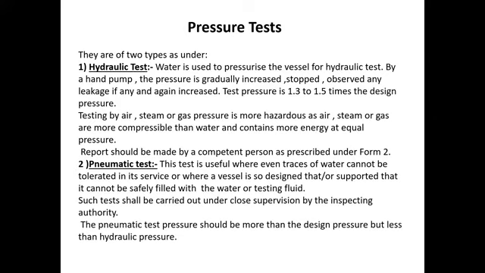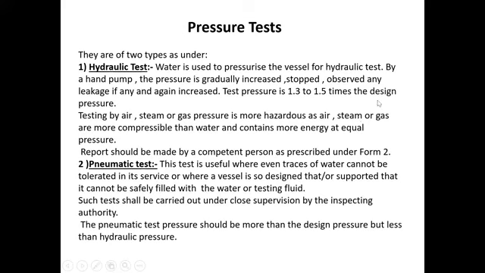In the pressure test, the two main tests are hydraulic and pneumatic. Under the hydraulic test, water is used to pressurize the vessel. By a hand pump, the pressure is gradually increased step by step and then stopped. Observe any leakage, and again increase. The test pressure is 1.3 to 1.5 times the design pressure.